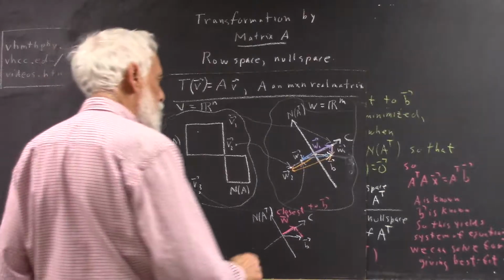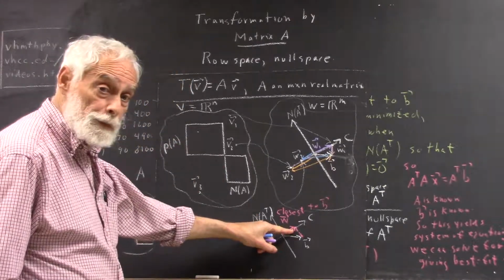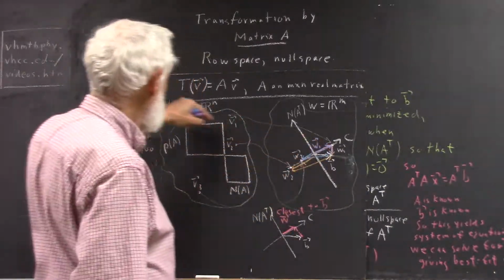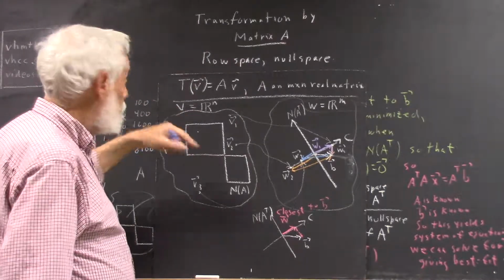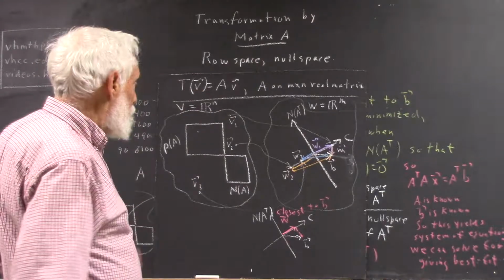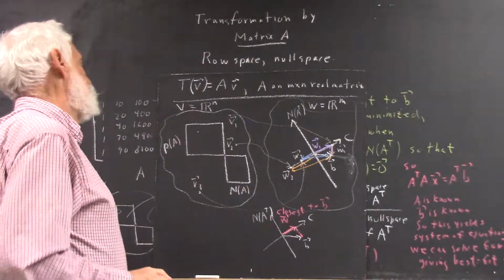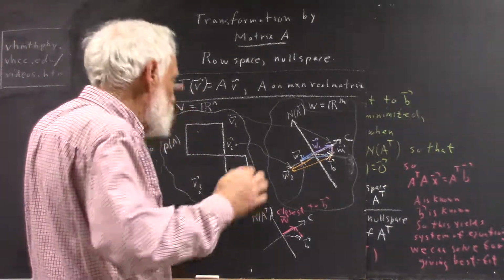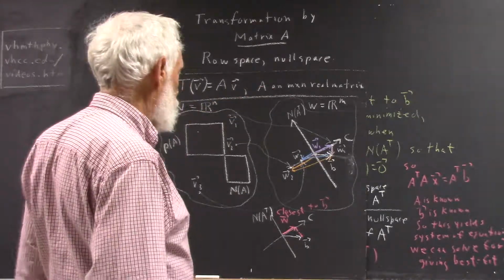Well, that W is in the column space, so that W came from some vector over here in Rn.